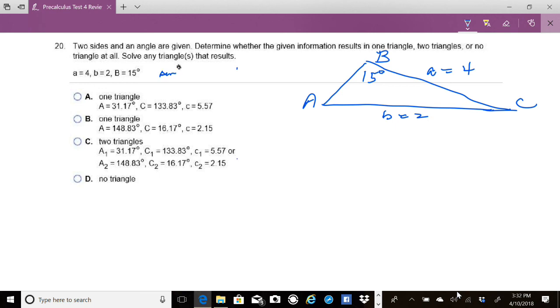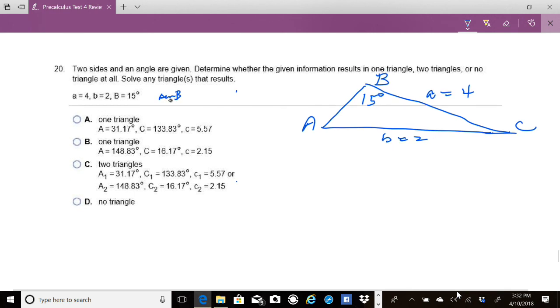Sine of B over B equals sine of A over A, which gives us sine of 15 degrees over 2 equals sine of A over 4.